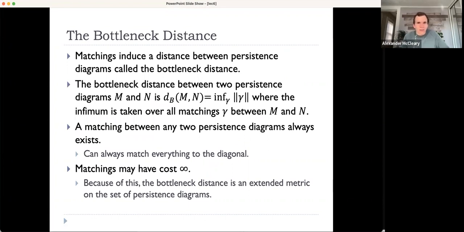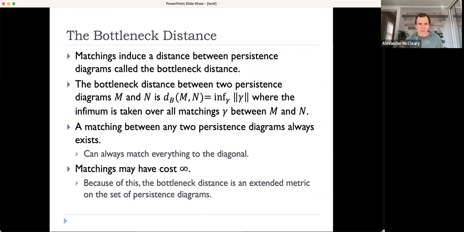Another thing is that because some of the intervals in our barcode decomposition can have possibly infinite endpoints, right? You can have features that are born but never die. A matching could have cost infinity. If you match a feature that was born but never dies to a feature that dies, you're going to have to move that death point from infinity to a finite number, and that's going to give you a cost of infinity.